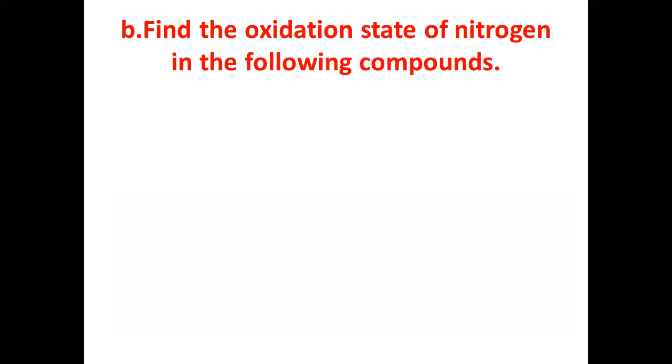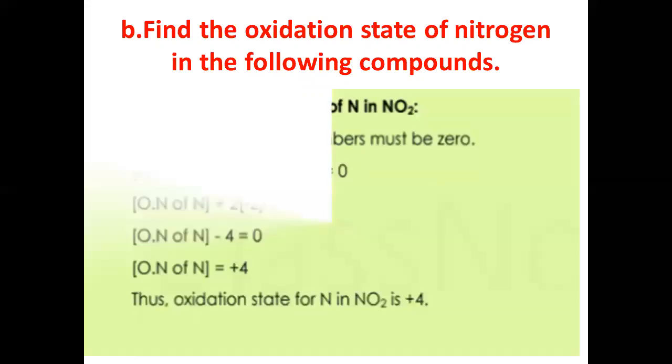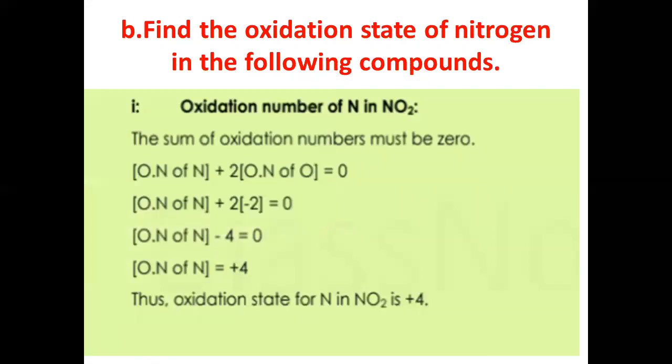B part is find the oxidation state of nitrogen in the following compounds. The sum of the oxidation numbers of all the atoms in a compound must be 0. This is the rule of finding oxidation state of an element. So we write the formula NO2 for nitrogen dioxide, and we have to find the oxidation state of nitrogen.